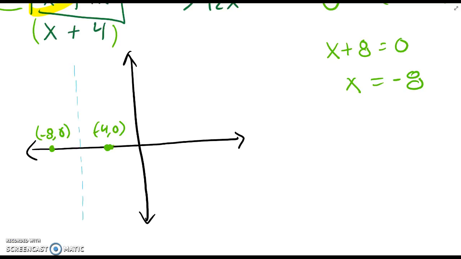So hopefully you can visualize that the line of symmetry is going to be crossing right through the middle of those two x-intercepts. Talk to the people sitting next to you about how you would find that middle point. What is the value of x at that point specifically?